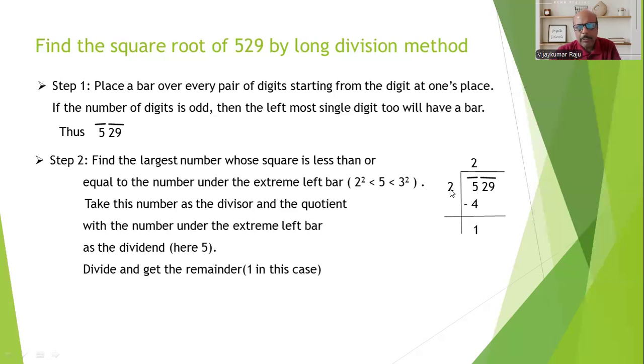So you take a number, whether 2 twos, 3 threes or 4 fours, such that it is less than or equal to this particular number, and then subtract it. Then you get a remainder 1. In this case, we are getting 1. What should be the next step?